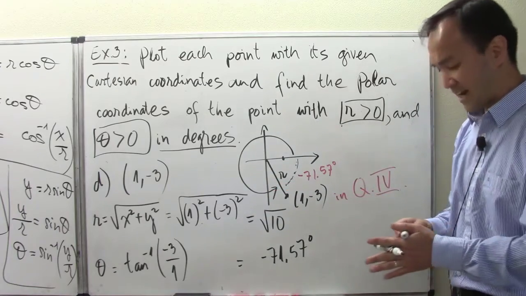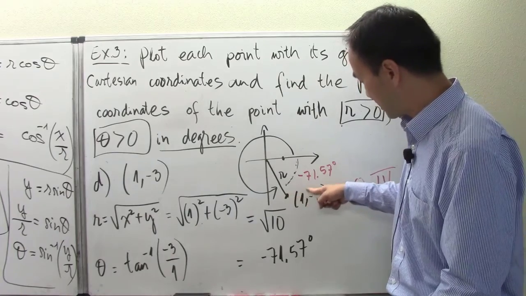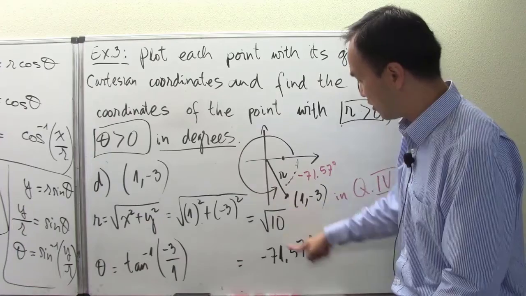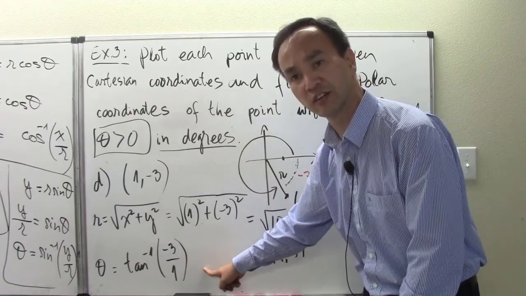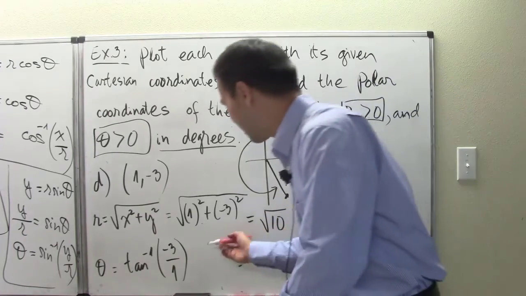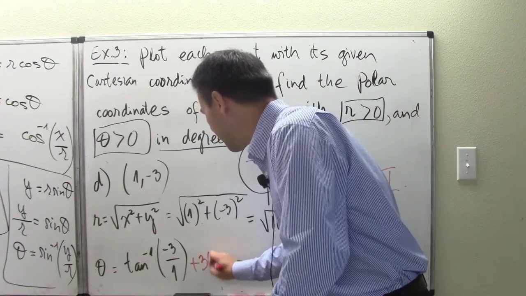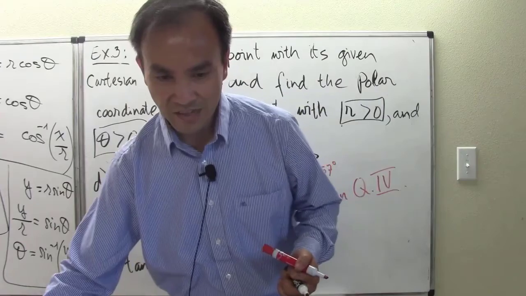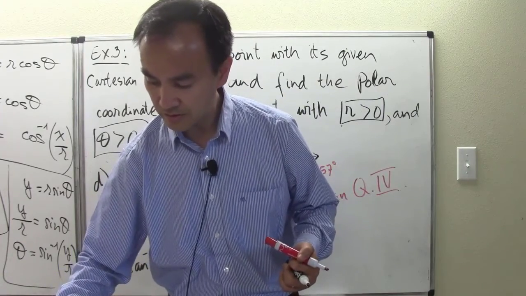I am going to see this actual point, but now as a negative angle. But if you want to see that as a positive angle, we're simply going to add 360 degrees to that tangent inverse. So I'm going to add 360. Okay, and so now in that way, allow me to add that on the computer.